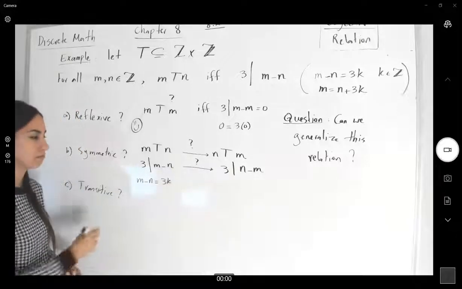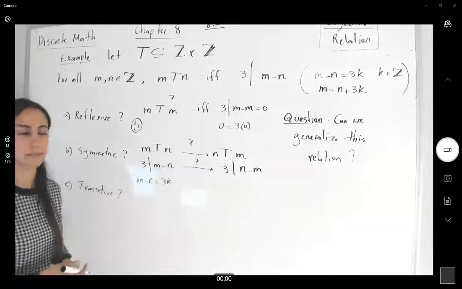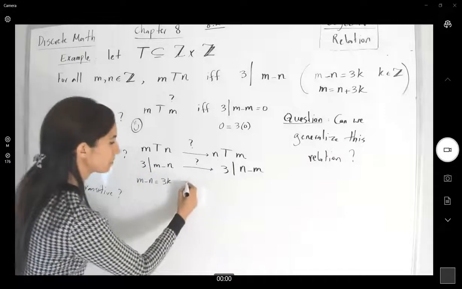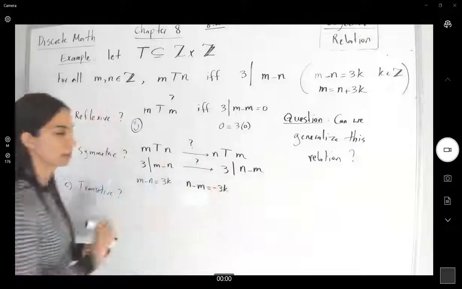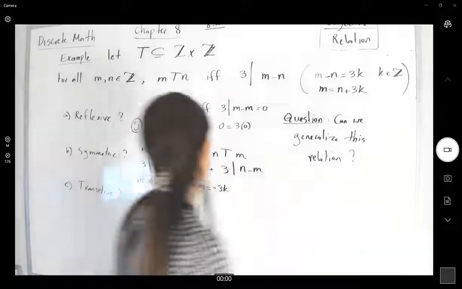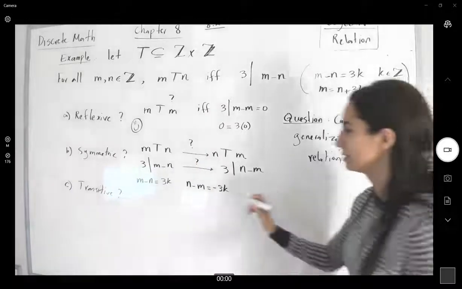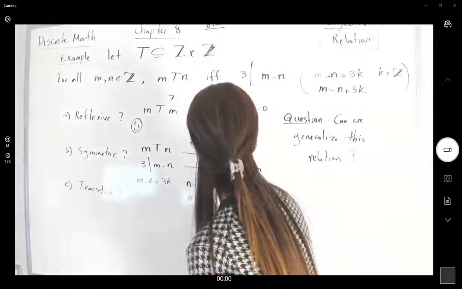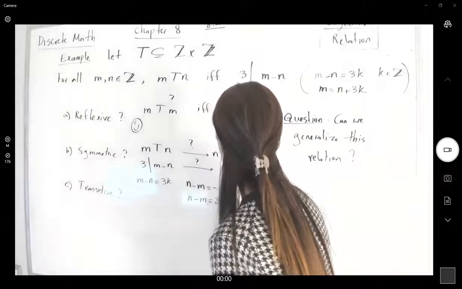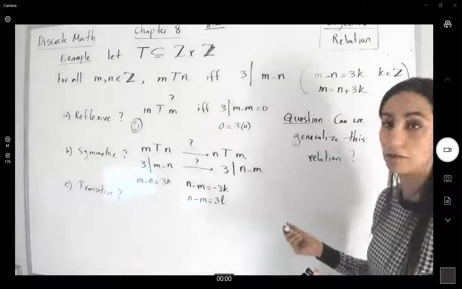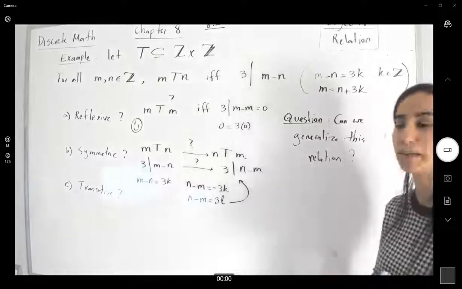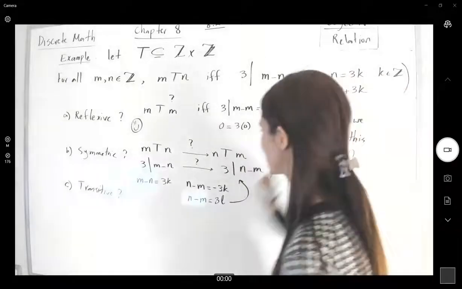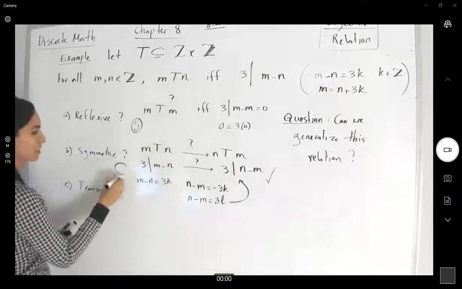Now multiply both sides by a negative sign. You get N minus M equals negative 3K. But negative K can be called L. So N minus M is equal to 3L. What's the meaning of that? It means that 3 divides N minus M. So it is symmetric.